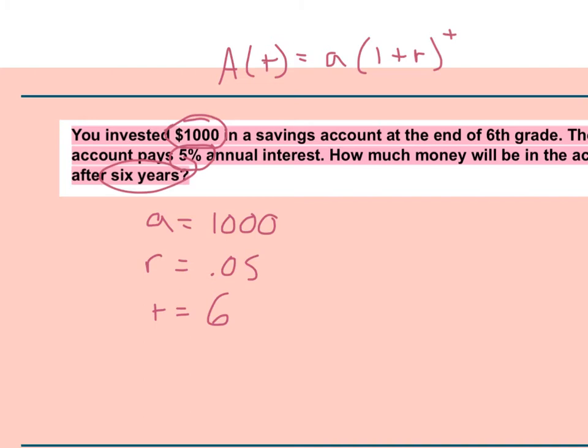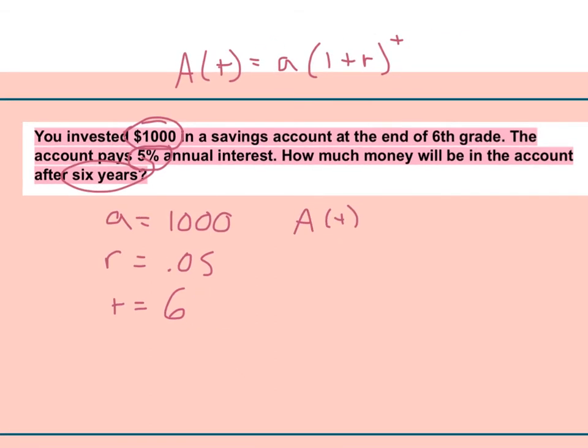So now we just take everything and plug it into our formula. So we have the amount that we're looking for is equal to our starting amount, which is 1,000, times 1 plus our rate, which is 0.05, raised to the time, which is 6.